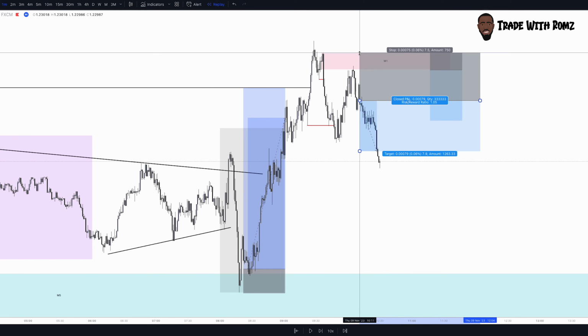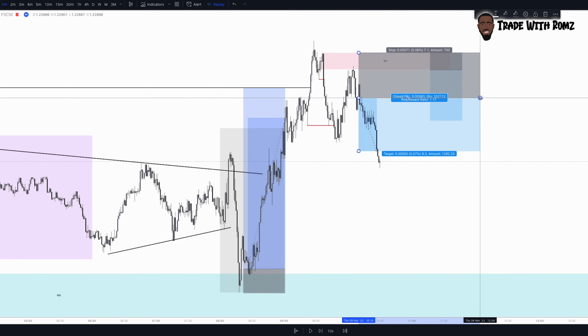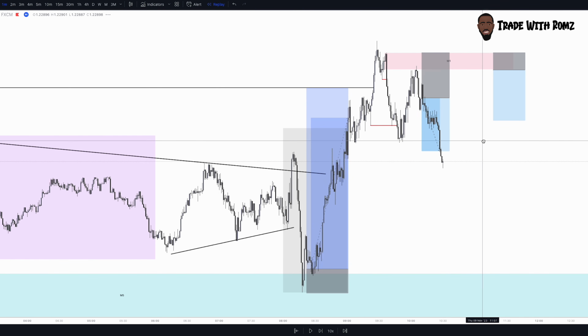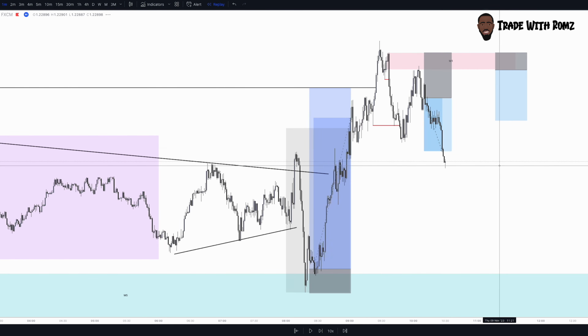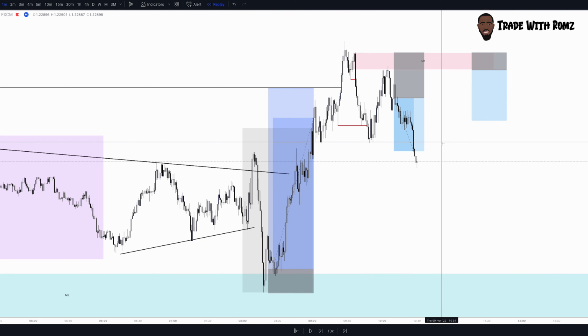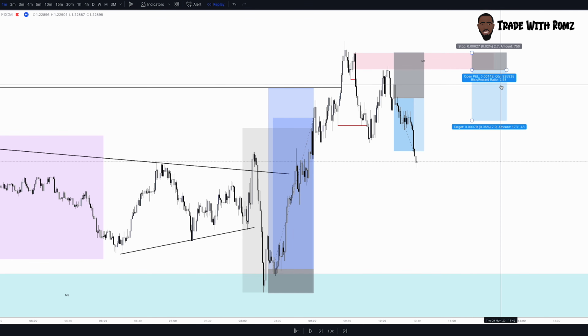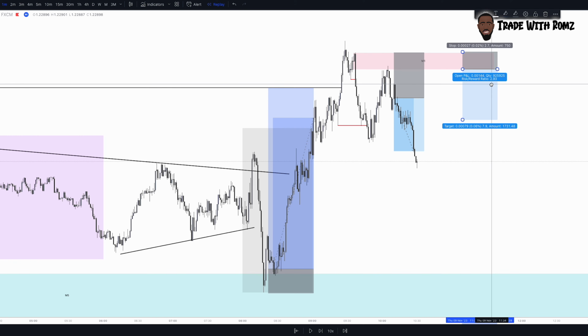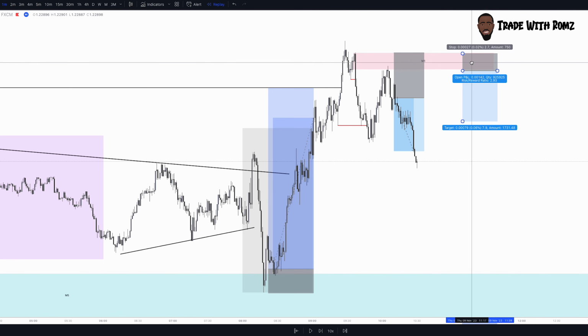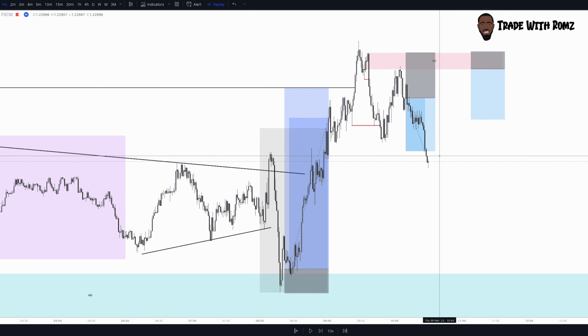That's what I can tell you for free. So I entered about here. All right, so again, not the most ideal entry, but you know, 7 pips stop loss isn't terrible, right? But this was the optimum entry that I actually wanted to go for, but I didn't because I wasn't on the chart at the time, so I missed the entry. But either way, this was the entry that I took. Why did I take that entry?